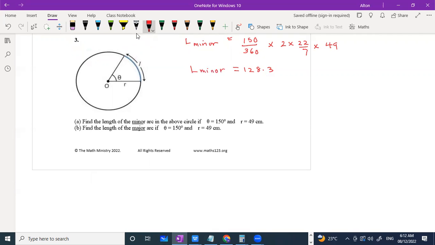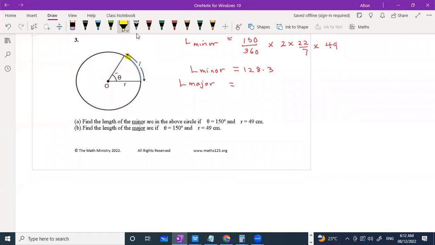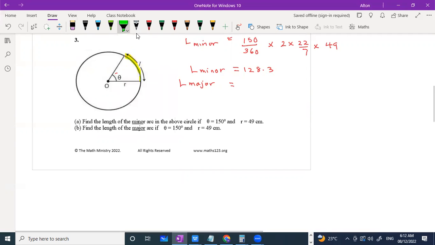Now we are also asked to find the length of the major arc. So let's put that below here, the length of the major arc. Now remember, we did say that if this portion right here is your minor arc, then the major arc would be the remaining portion of the circumference of the circle.